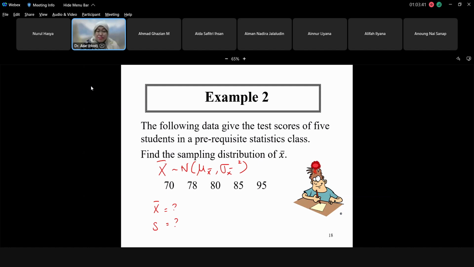So for example, 70 and plus, 78 and plus, 80 and plus, 85 and plus.